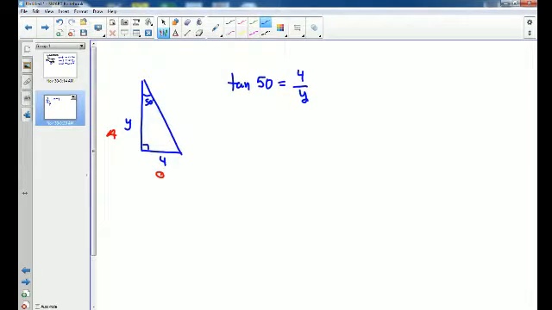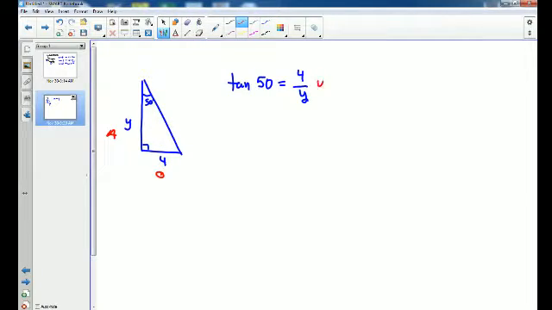This is why I have you set it up every time, because you can make that mistake very easily. Multiplying by 4 does not solve this equation. You have to multiply by y. Y is in the bottom, so we have to move it out.